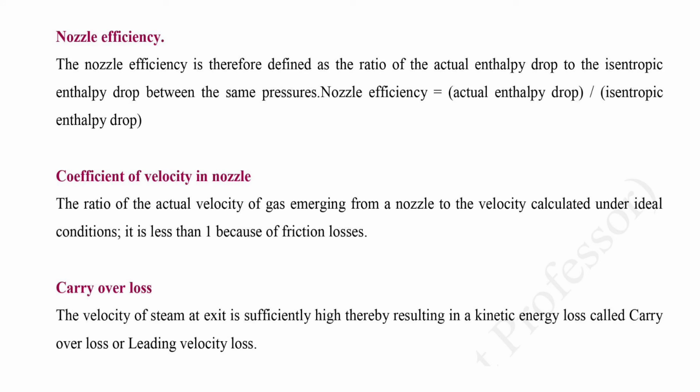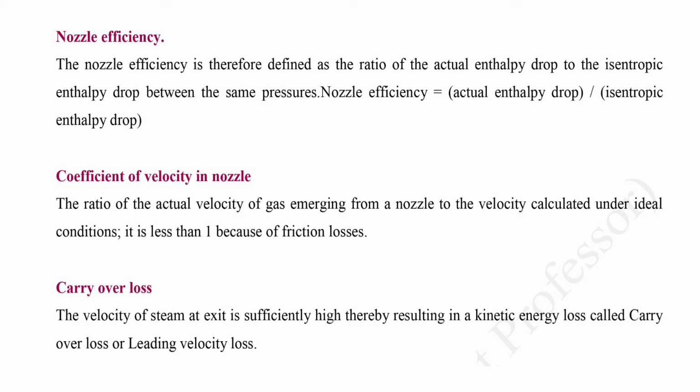And then the definition of nozzle efficiency. It is defined as the ratio of the actual enthalpy drop to the isentropic enthalpy drop between the same pressures. We calculate the nozzle efficiency as actual enthalpy drop divided by isentropic enthalpy drop.